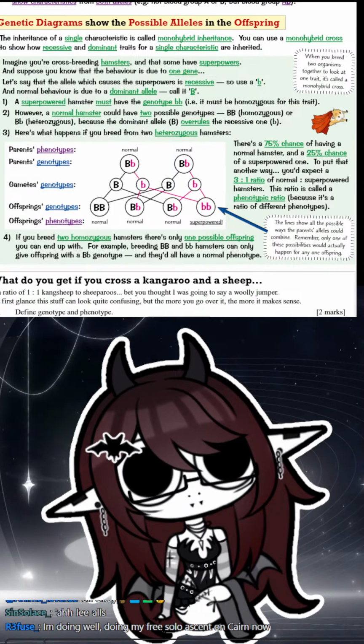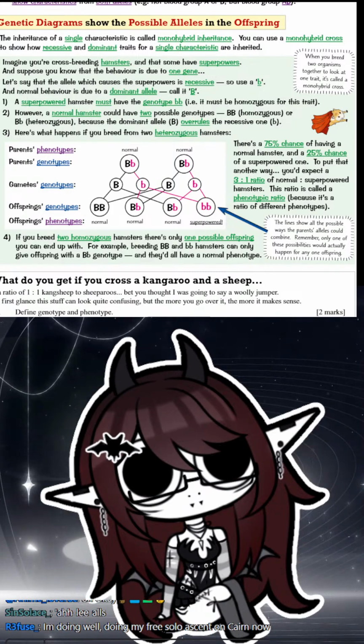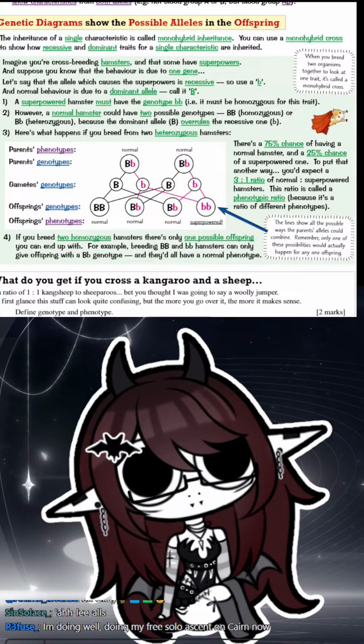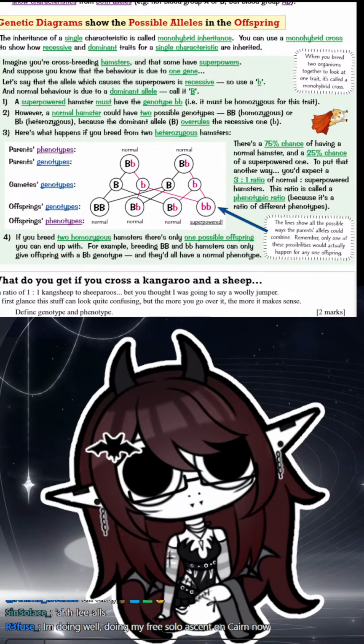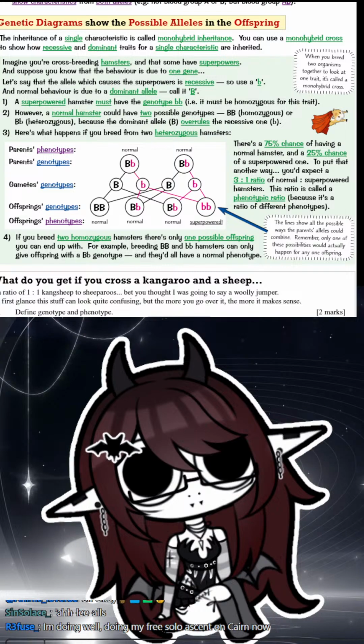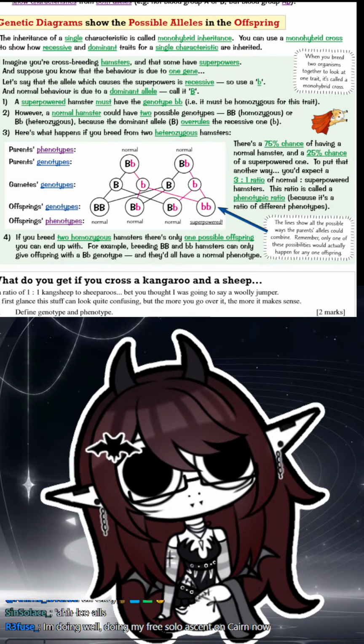Let's call it capital B. A superpowered hamster must have the genotype lowercase b, lowercase b. It must be homozygous for this trait. However, a normal hamster could have two possible genotypes, capital B, capital B, homozygous, or capital B, lowercase b, heterozygous.